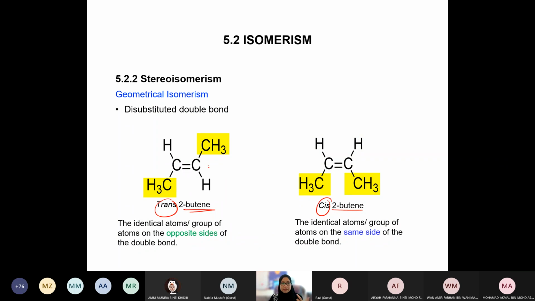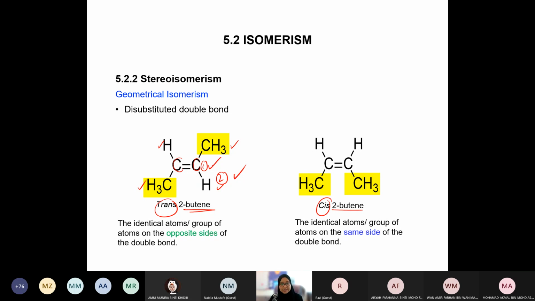Number 2, the carbon must not be attached to two same groups. You have to check both carbons. Carbon number 1 has different groups, and carbon number 2 also has different groups. Pass. That means it will have geometrical isomerism. It will have the cis and trans.